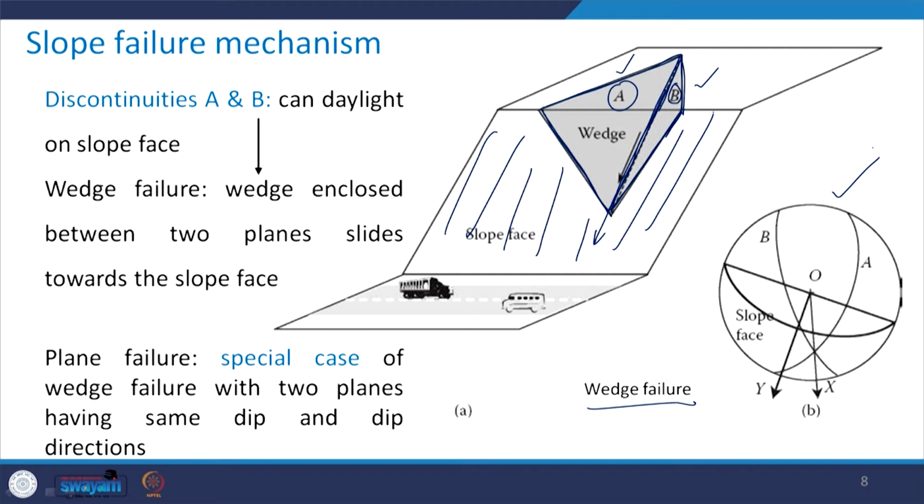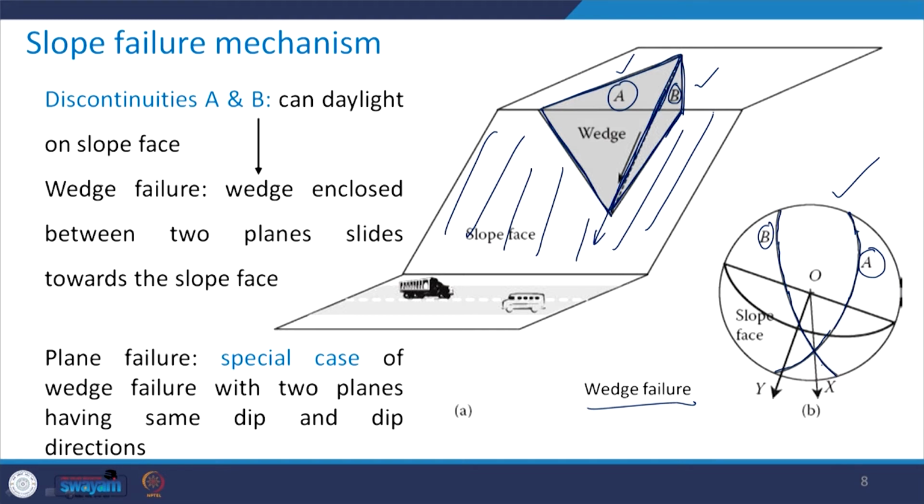You see that the discontinuity A has been drawn with the help of a great circle in this figure, like this one. You traverse along this great circle and this is what represents the discontinuity plane A. The second discontinuity plane is this plane B, which is this great circle.